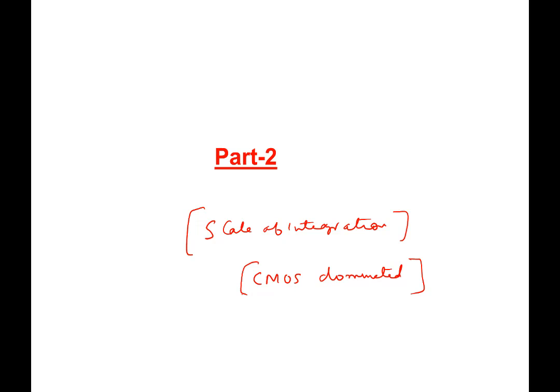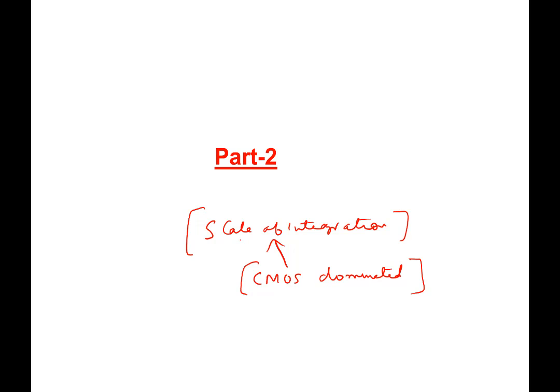So we are saying scale of integration is the dominant theme. So CMOS obviously enables this greater scale of integration. But why CMOS as compared to bipolar? What is the reason? Okay, so you're right.